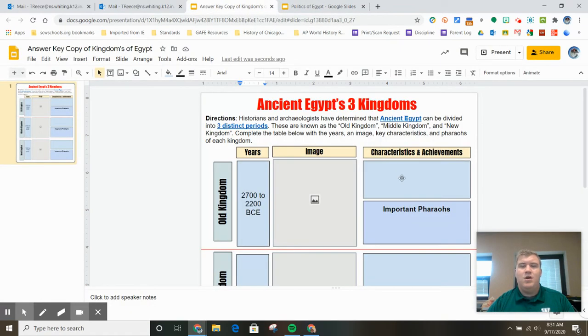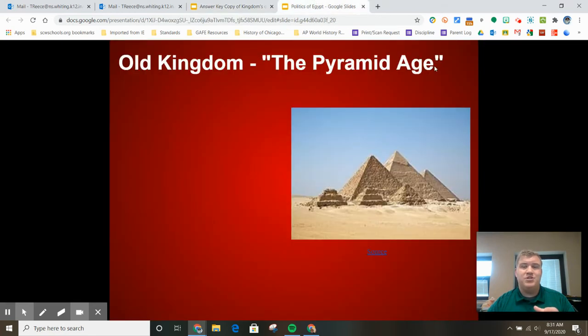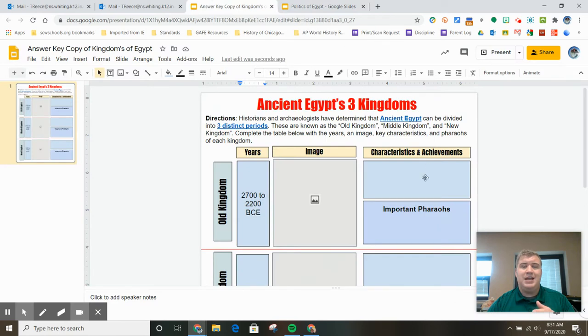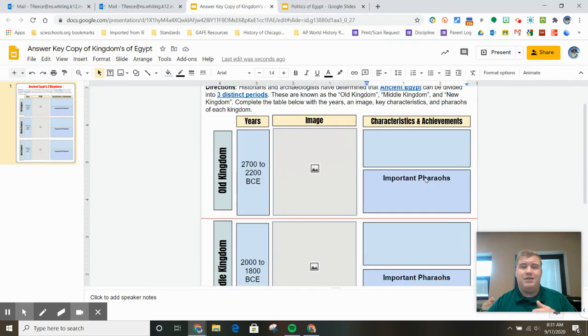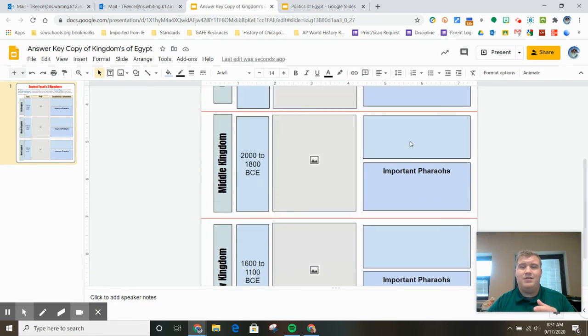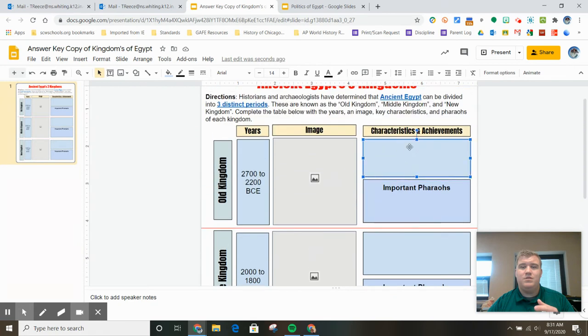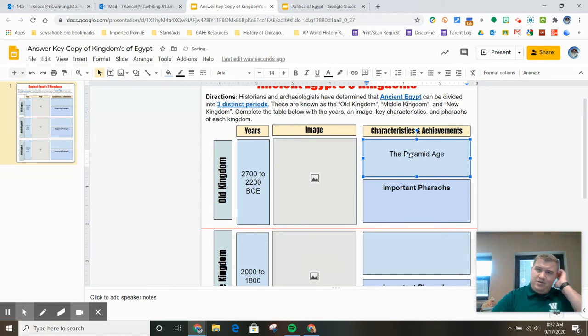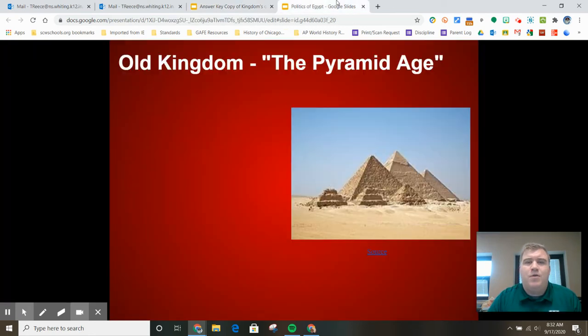All right. So we're going to go back to the characteristics, and whenever you see these quotation marks, I want you to put that here. All right. So we're going to put the Pyramid Age. All right, we're then going to press enter on that because there's a couple of other pieces of information that are pertinent.